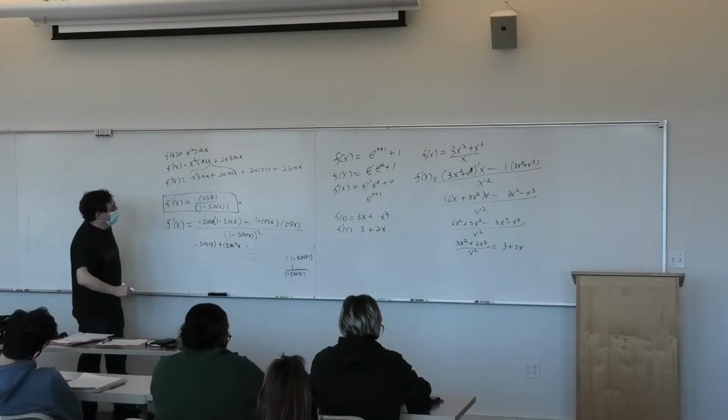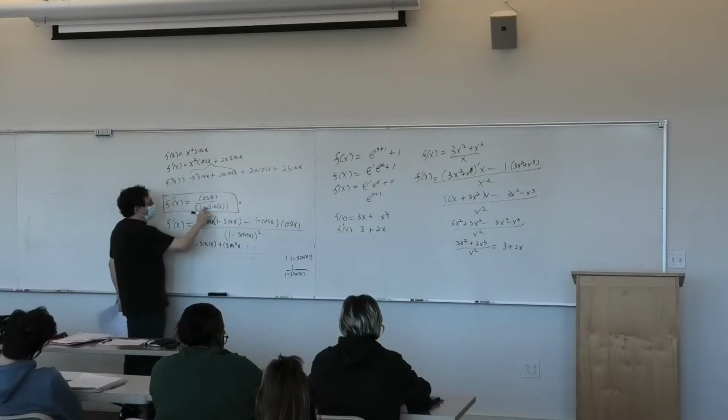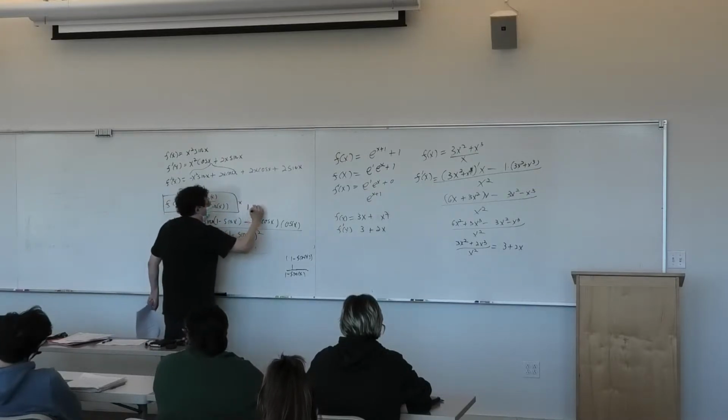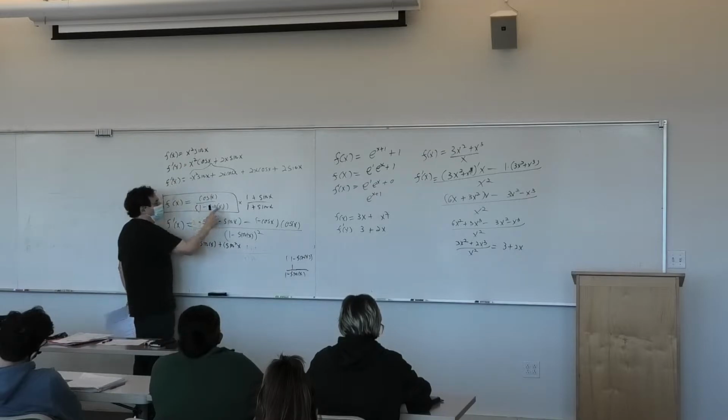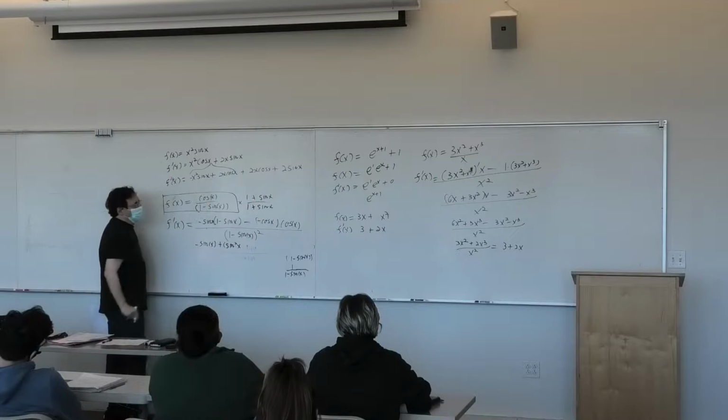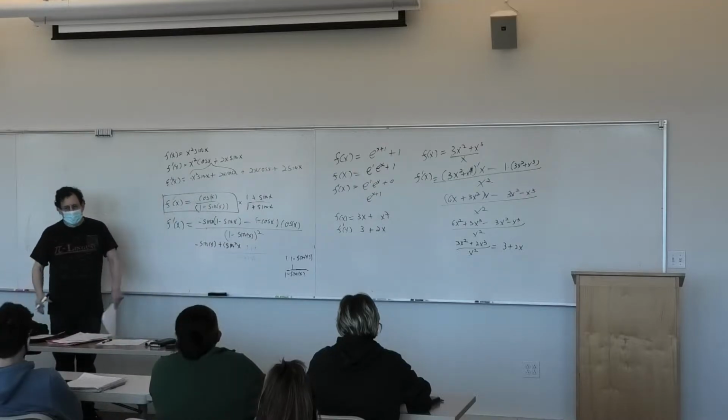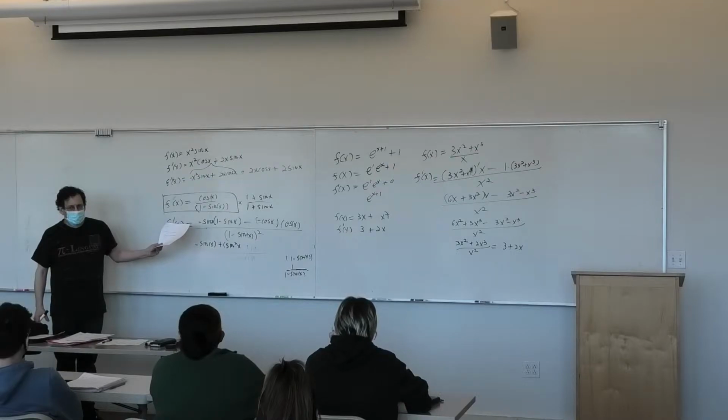My guess would be maybe 1 plus sine of x. 1 plus sine of x over 1 plus sine of x. This will become 1 minus sine squared, which becomes cosine squared, which is going to cancel here. Well, I'm sorry, I did that too fast. Want me to do that? No, I'll just.